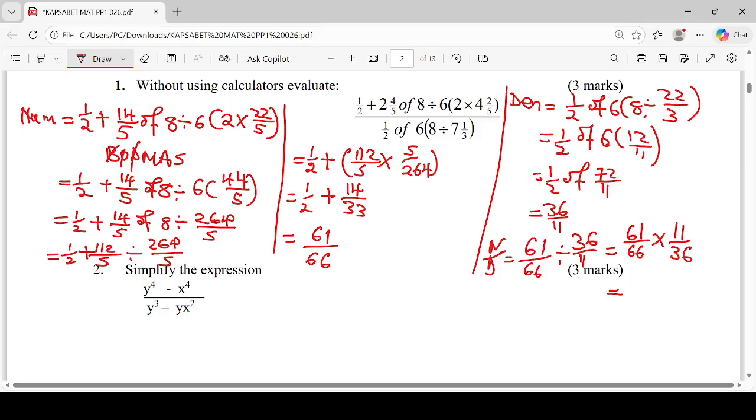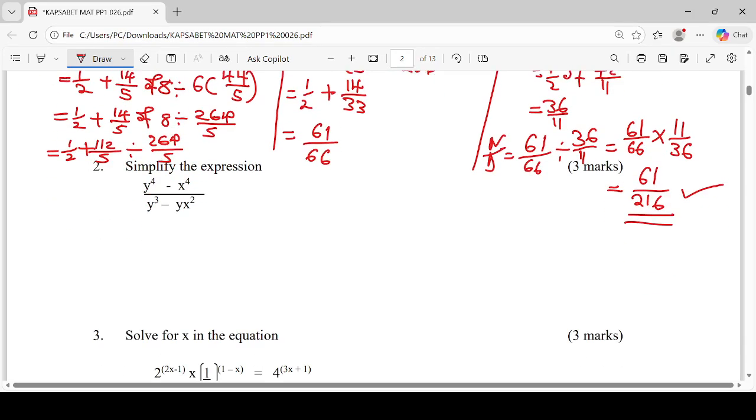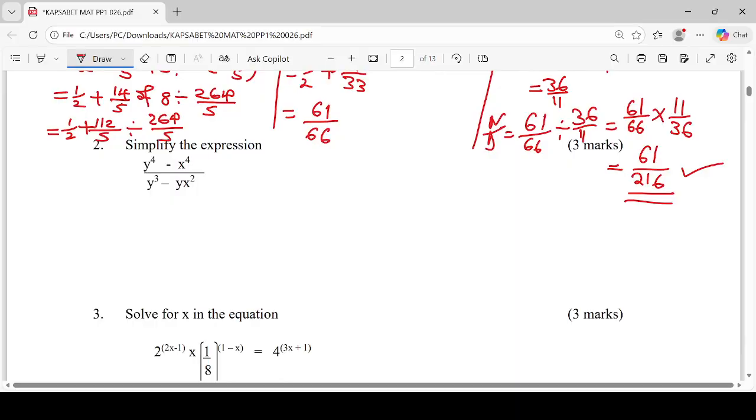So when you have that, you're going to get your answer is 61 over 216. Let's have a look at question number 2.